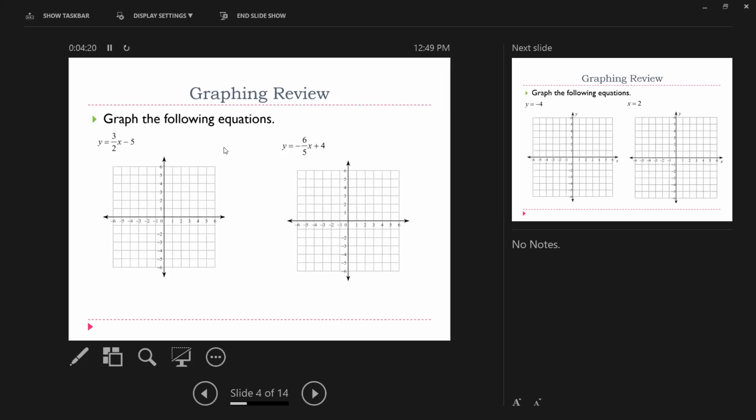You also have to be sure that you graph your lines in the correct orientation. Positive slope lines go up and to the right. So this first one is going to go up to the right. The second one is going to go up to the left.